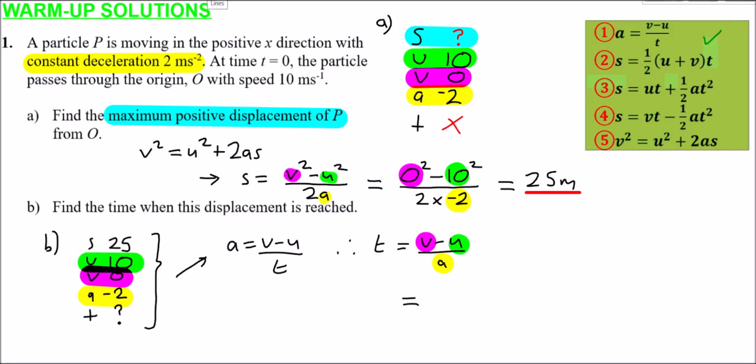So if we plug this in, we get 0 minus 10 divided by -2, and you should find that that gives you 5 seconds.